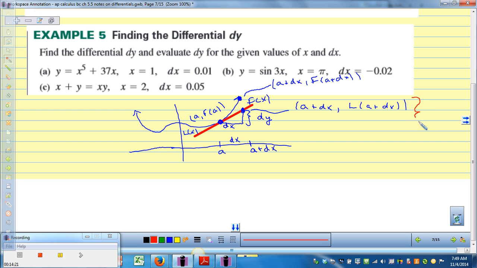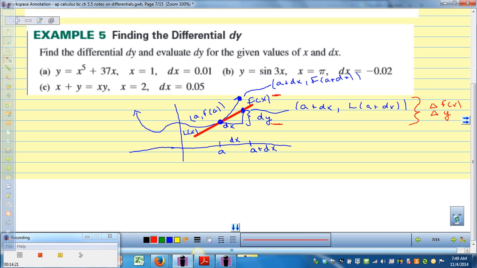And then what would I call this distance from here to here? That's on the function, not on the tangent line. So from here to here, that's just the change in f of x, or delta f of x. Could be called delta y as well.